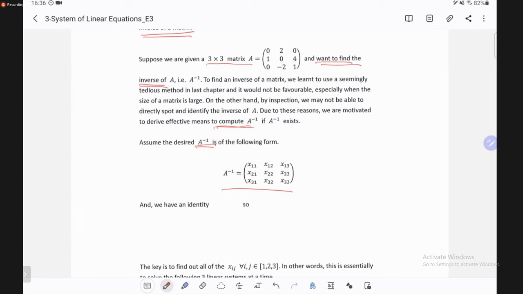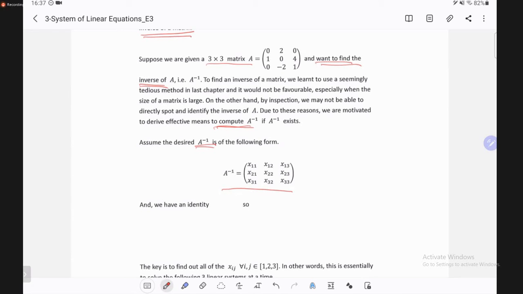Otherwise you cannot compute it, right? So when A is a 3 by 3 matrix, naturally the inverse of matrix A is also a 3 by 3 matrix. So in general, if you have an n by n matrix A, the inverse of this matrix A will also be an n by n matrix. Is it clear?